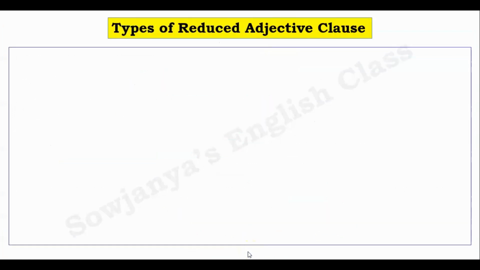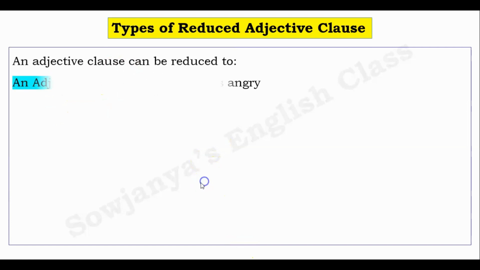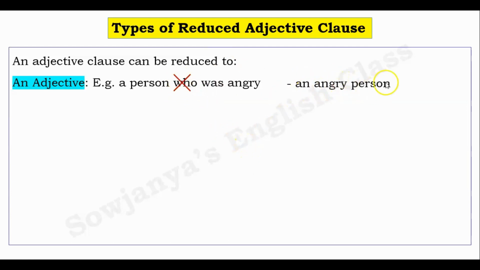And then we will come to types of reduced adjective clause. First one, an adjective clause can be reduced to an adjective. For example, a person who was angry. So who was angry is our adjective clause. It can be reduced to an adjective. Like how? First we will omit the relative pronoun who, and then an angry person.